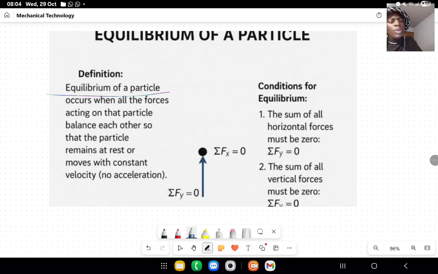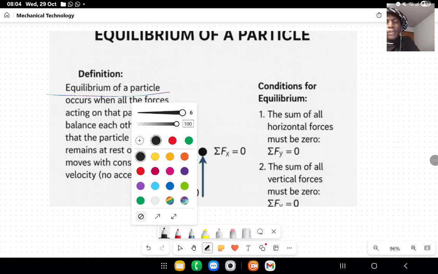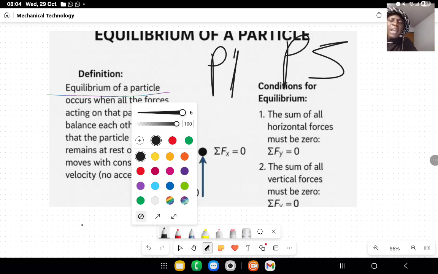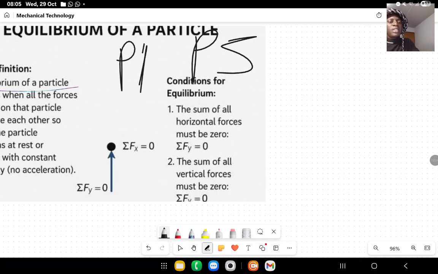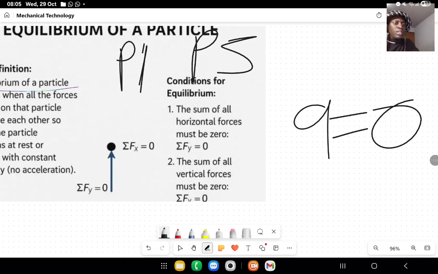The whole thing that we were doing from problem number one to problem number five, we were balancing the particles so that the particle remains at rest or moves with a constant velocity. That means our acceleration was zero.